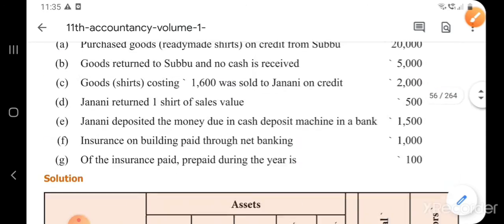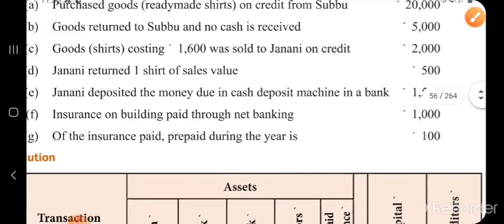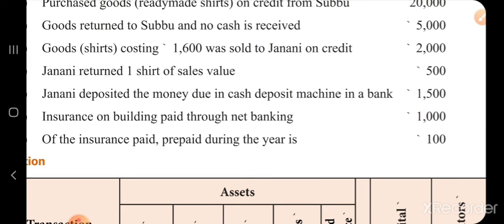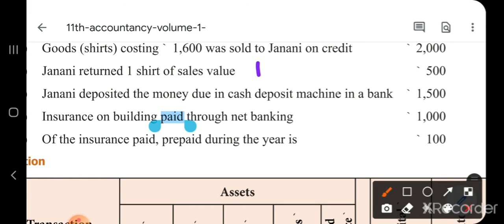Okay. Next transaction. Janani deposited the money due in cash deposit machine in a bank. Okay. Who's Janani? Janani is your customer. Customer has deposited in bank. That means in bank the amount will increase.